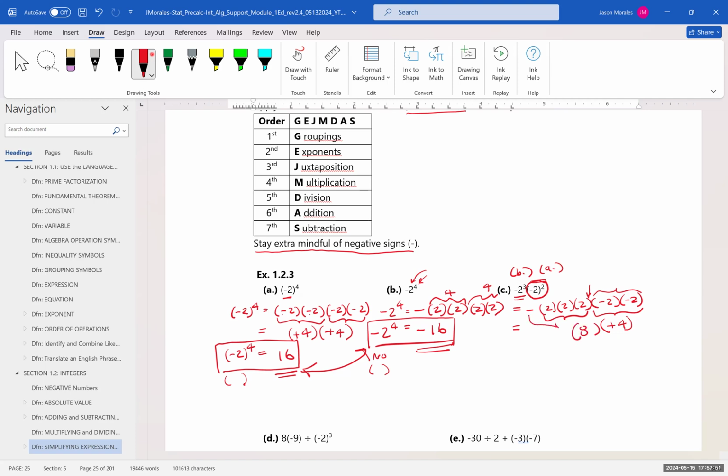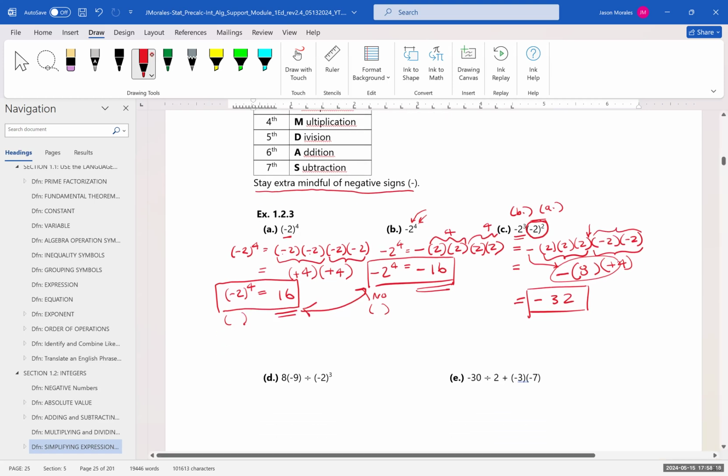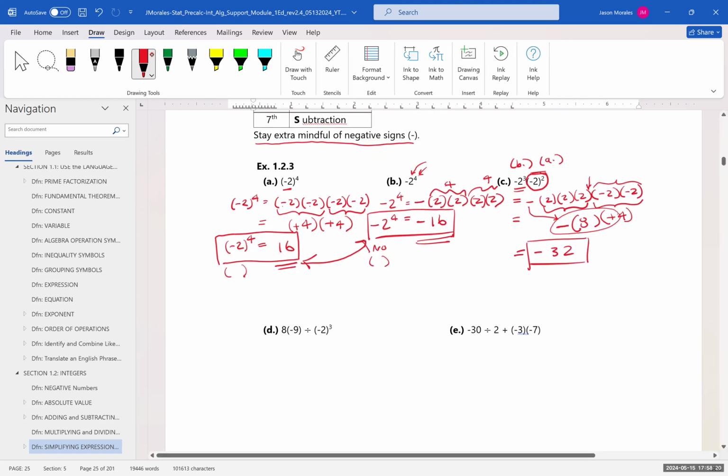And then don't forget that negative. We have to carry that down. And so now we've got -8 times +4. So we have one negative, so the signs are different, which means the product is going to be negative, and 8 times 4 is 32. So the answer for example C is -32.